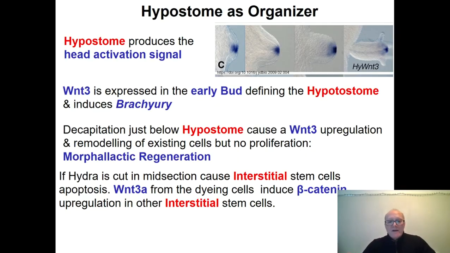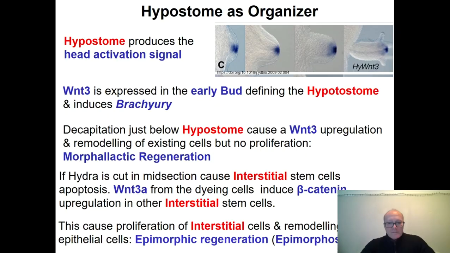So this increased beta-catenin expression will induce proliferation of these interstitial stem cells and repair the wound. So these interstitial stem cells start to reproduce, they start to remodel, so they start to change function, and we have an example here of epimorphic regeneration.